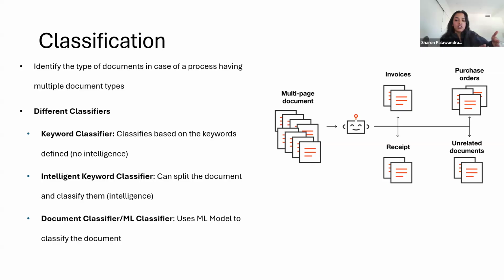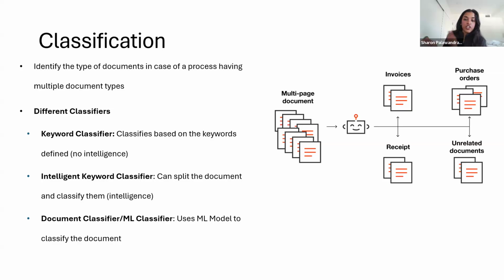The way IKC works is you train it on a whole bunch of documents and then it intelligently identifies the document type. So if you ever struggle to figure out what classifier you need to use, I would always recommend please use the intelligent keyword classifier first and see if you can gain success out of it.